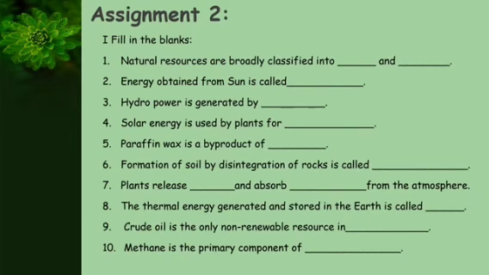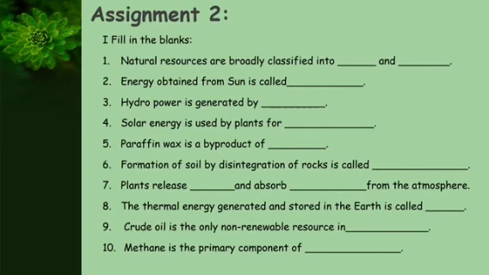Energy obtained from sun is called dash. Hydropower is generated by dash. Solar energy is used by plants for dash. Paraffin wax is a byproduct of dash. Formation of soil by disintegration of rocks is called dash.